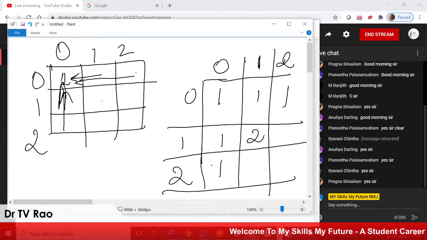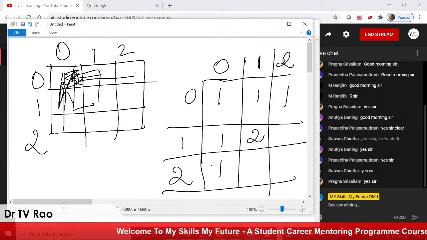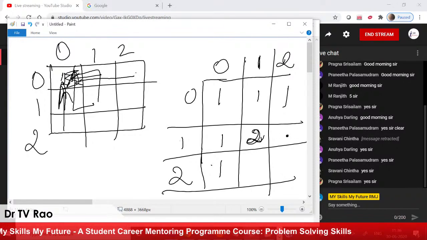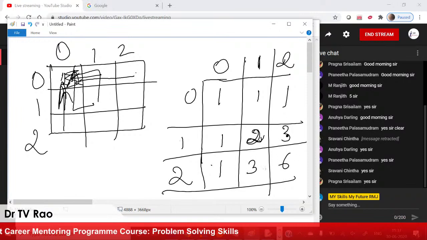You can go like this or you can go like this. Now from here two ways and one way, three ways, 6. Is this clear? This is called dynamic programming matrix.